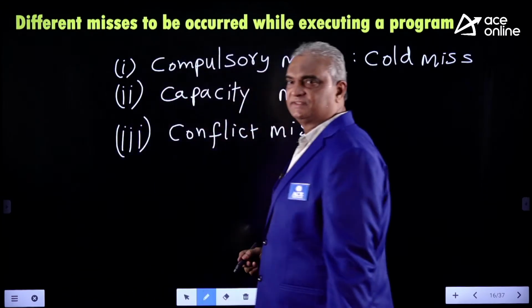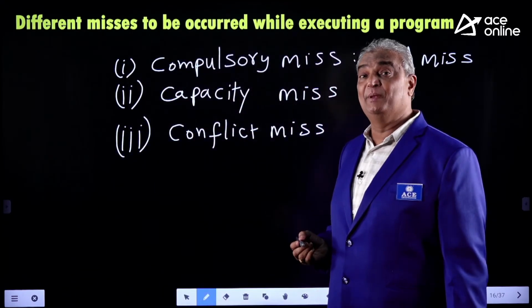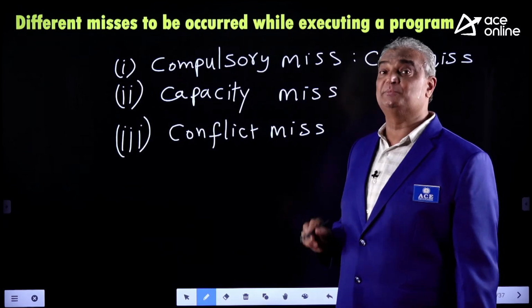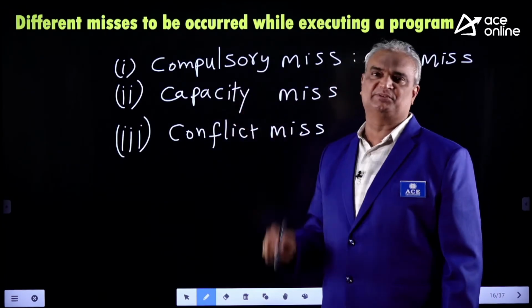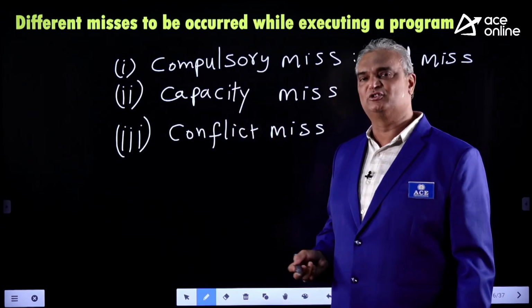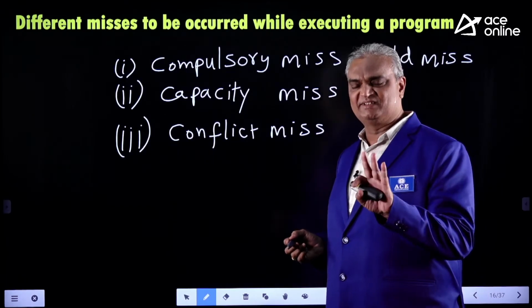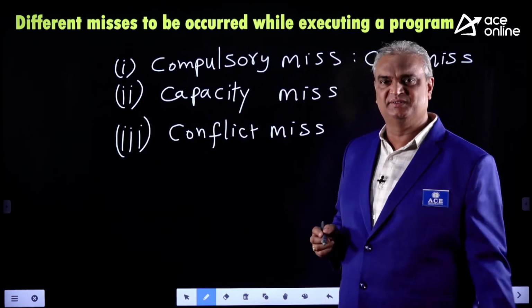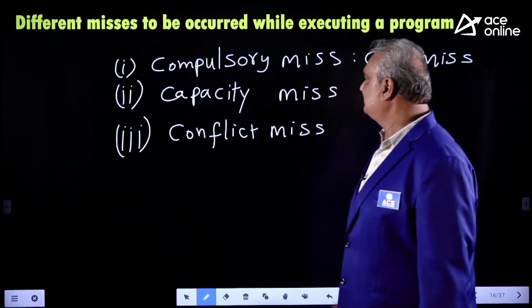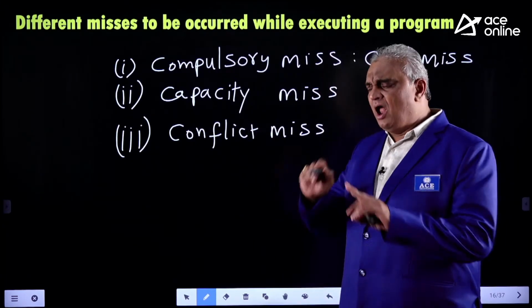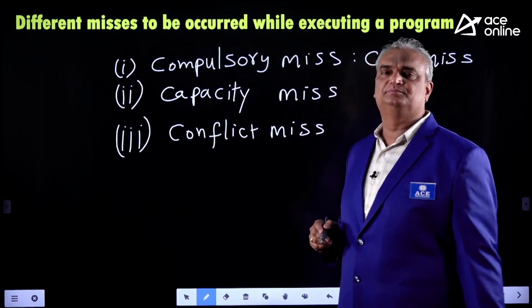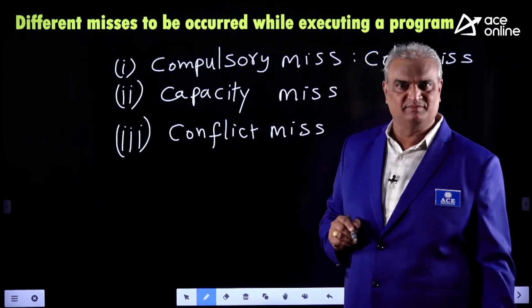What is a compulsory miss? When any block is mapped for the first time from main memory to cache memory, it is a compulsory miss, also known as cold miss. So compulsory miss occurs in all mapping techniques. What is a capacity miss? When all blocks in cache memory are filled, then only a capacity miss occurs.